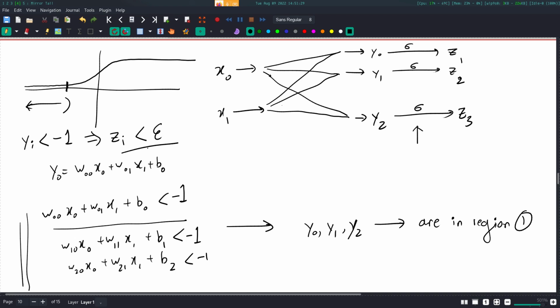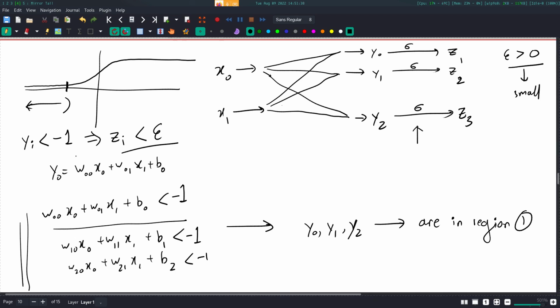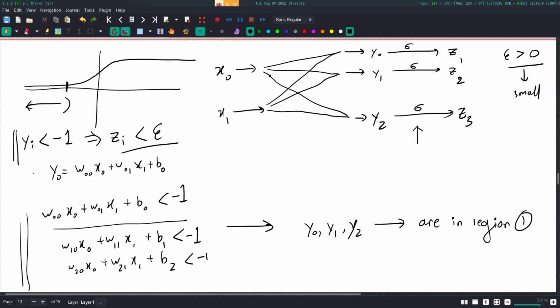So it's very close to being constant towards 0, but epsilon is some small number which is greater than 0, right? So we can come up with such bounds for, say, the sigmoid function.